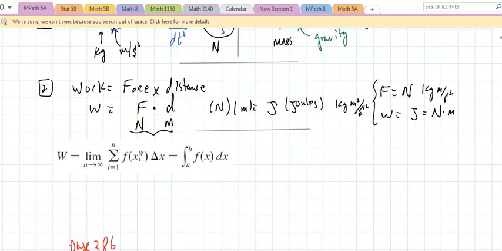But if the force is varying, that is, if I wanted to push a car, I don't know if you guys have done that, but in my days we used to do that a lot. If you push a car, it seems to be very hard just to get the car moving. Once it moves, you'll notice it's easier to push it. I'm not saying go out there and push a car, but that's how it is.